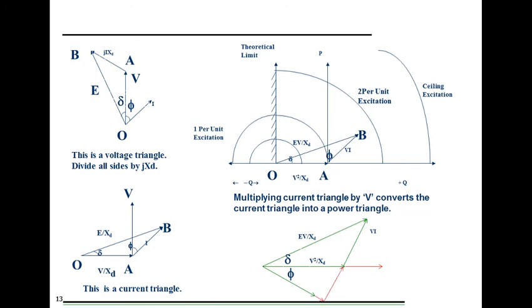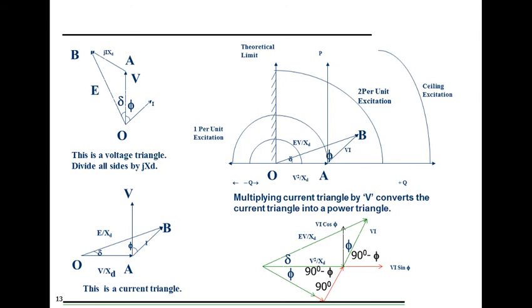We draw the grid voltage V as a vertical line. This is represented in the first diagram as OA. The current will be lagging this voltage by an angle phi, so we draw the current I at an angle phi from V. Now I Xd, the voltage drop across the reactance, will start from point A and will be at an angle of 90 degrees from the current vector.